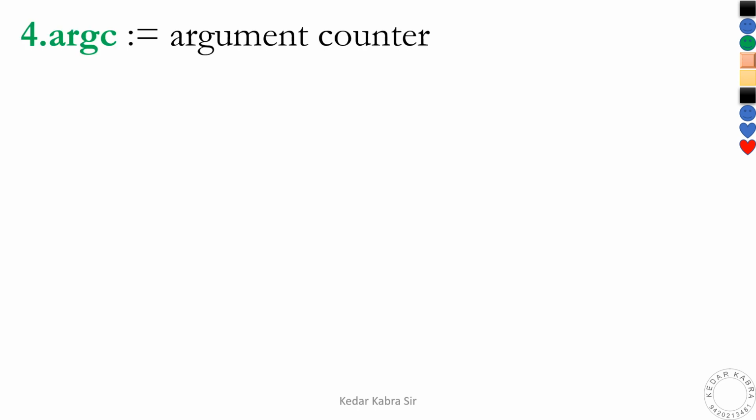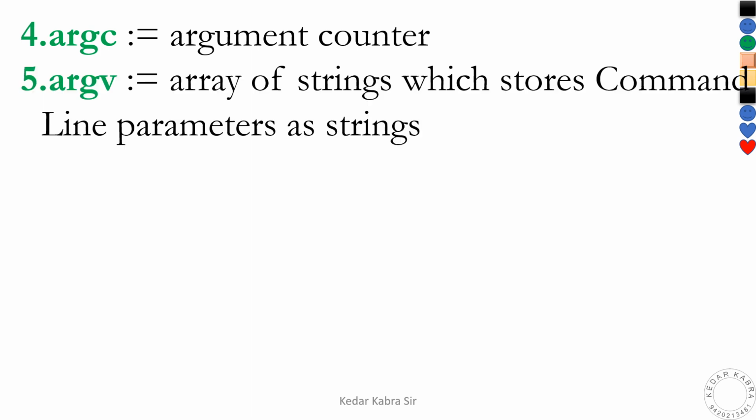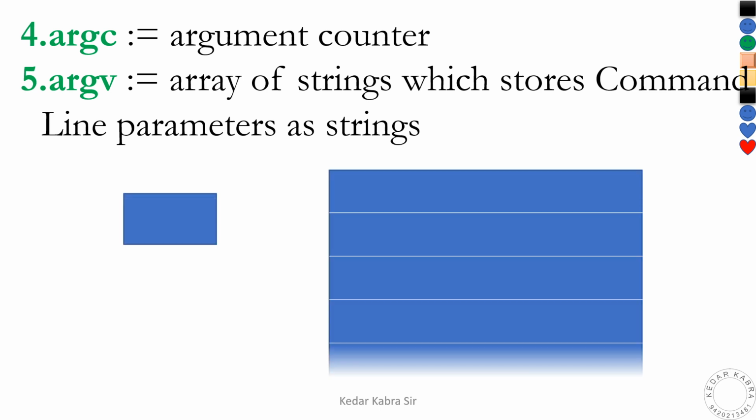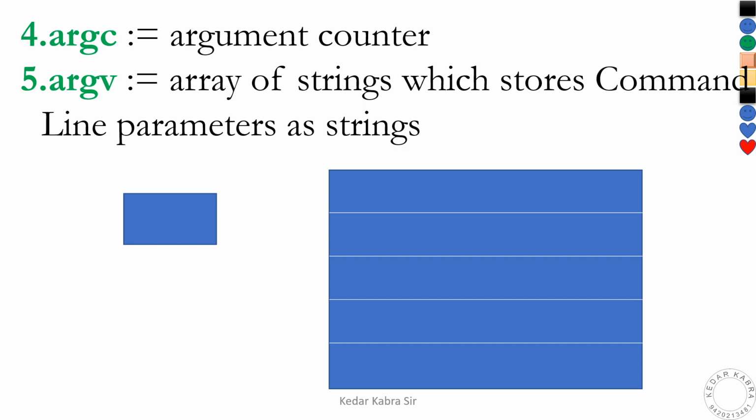Now we will see what exactly it is. argc is the argument counter. It is the number of parameters that we have supplied, including the file name that we type for execution of the program. argv is the argument vector. An array is called a vector. It is an array of strings which stores command line parameters as strings. So the memory map of this collection of parameters can be seen as follows. You can see it is argc.